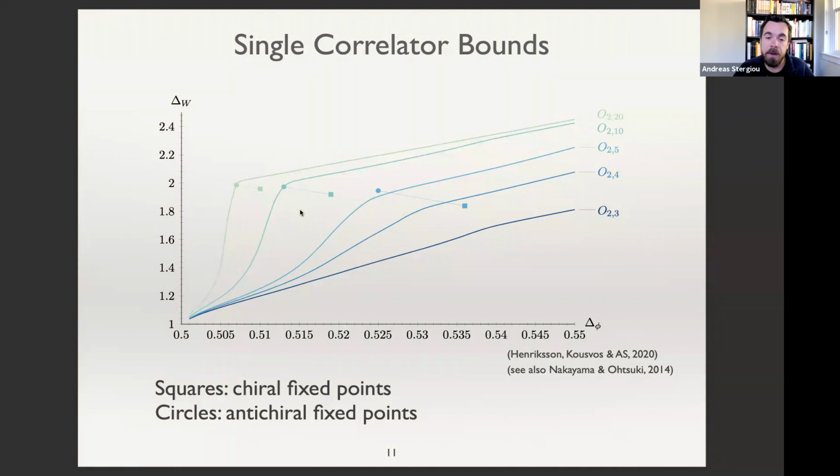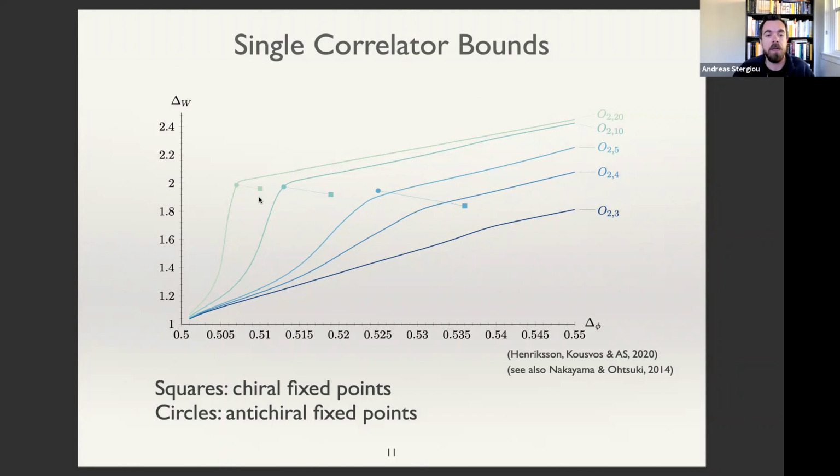The important thing to remember is that they're called chiral because they appear for a V larger than 0, which has implications for the minimization of the energy and for which system they can describe. But chiral versus antichiral, I don't have a physical justification for the name.